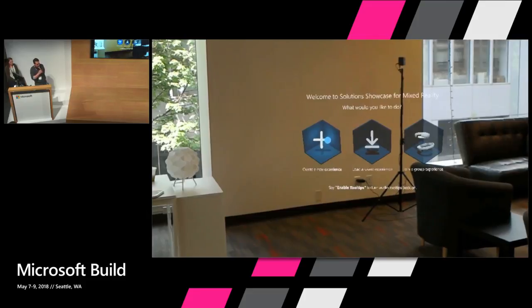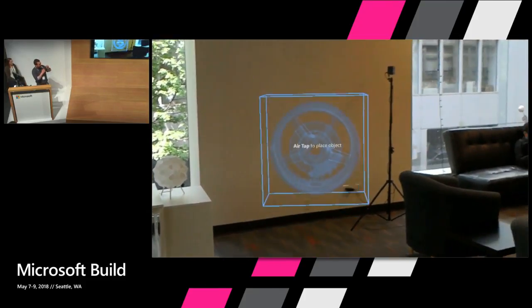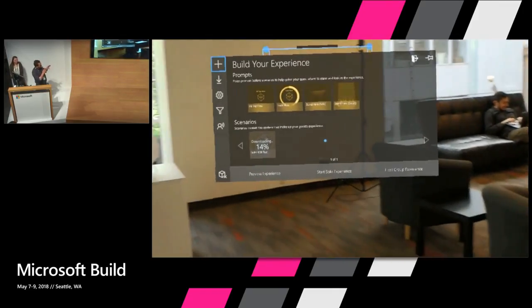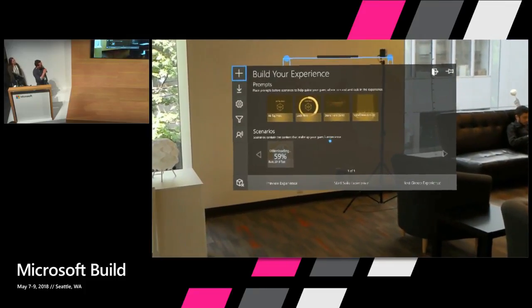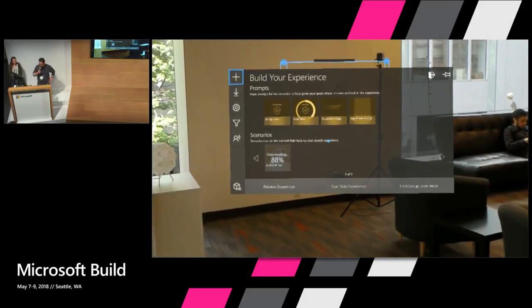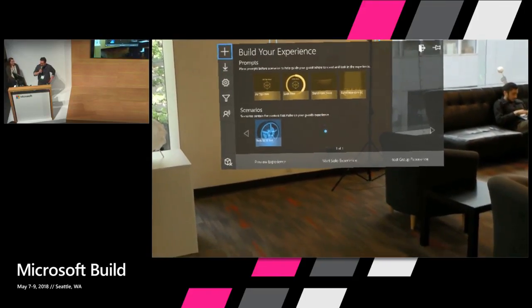Now, unfortunately, I couldn't get a scan of the QR code scanning process because MRC doesn't work while the camera is active. But I logged in, and there was my content, so I started downloading it. And those last few bytes are always excruciating. Right about now.